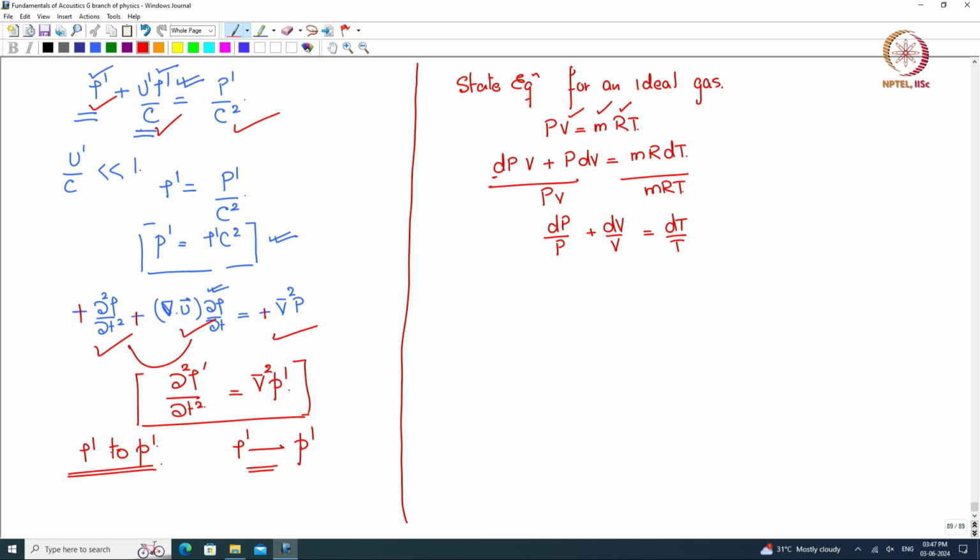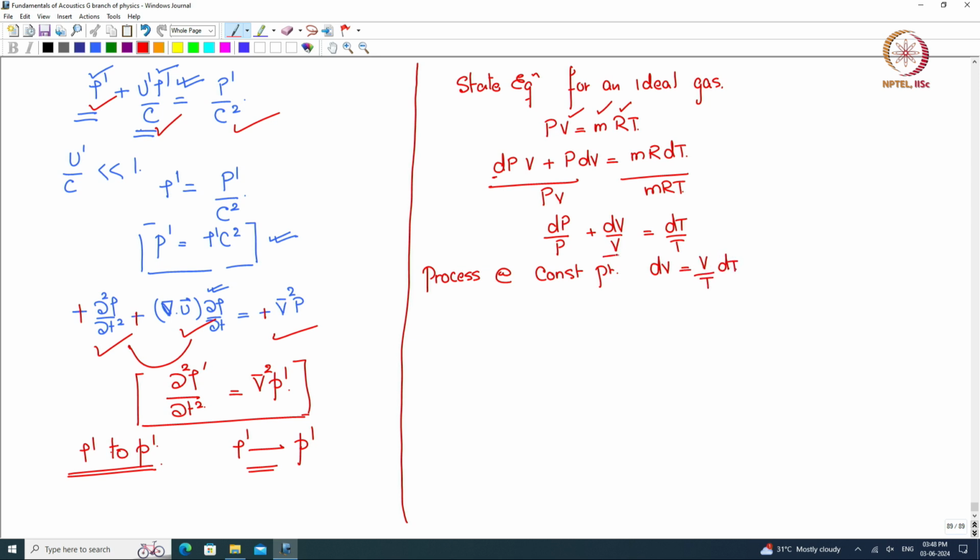So from here, for a process at constant pressure, I have dV related by V by T dT.